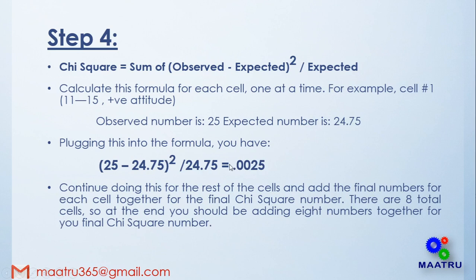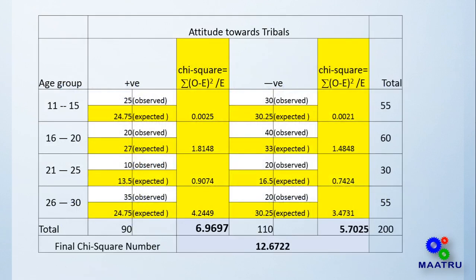Plugging in, we have 25 minus 24.75 whole square divided by 24.75, which gives the value of 0.0025. Same way we do for all the cells. We have here 4 rows and 2 columns, meaning a total of 8 cells, and we do this for all the 8 cells, and we get the values like this.